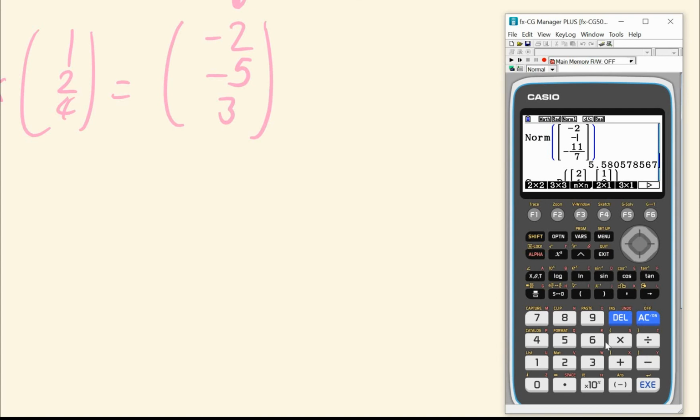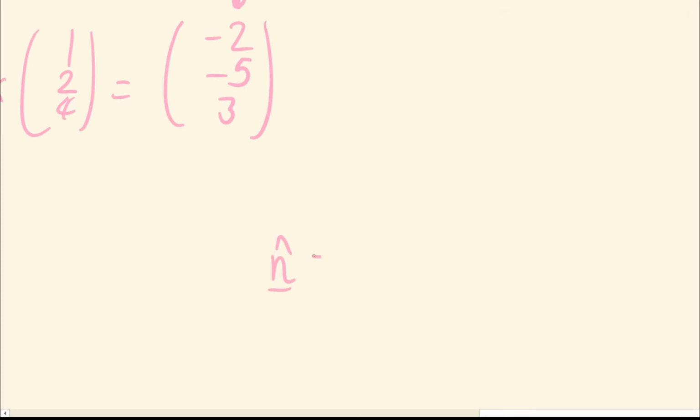There we go, so that is a length of root 38, which is just 2 squared plus 5 squared plus 3 squared. Therefore my unit normal vector is 1 over root 38 times minus 2, minus 5, 3. And that's pretty much it.